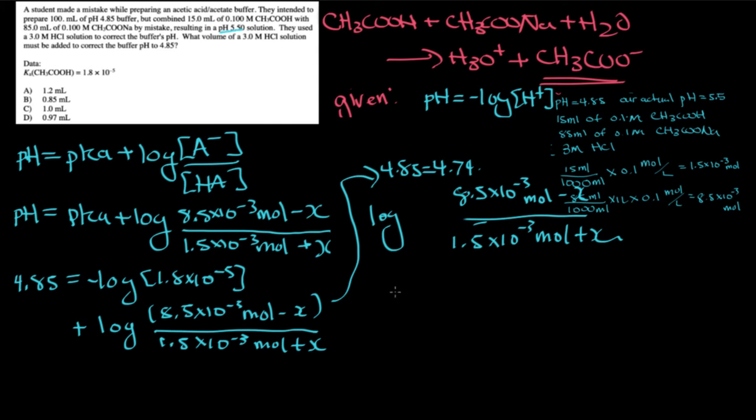And what we get at the end is x is equal to 2.87 times 10 to the minus 3 moles. And this is how much HCl we need to add.